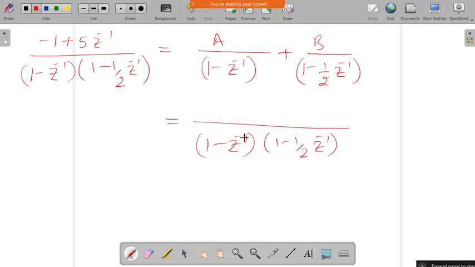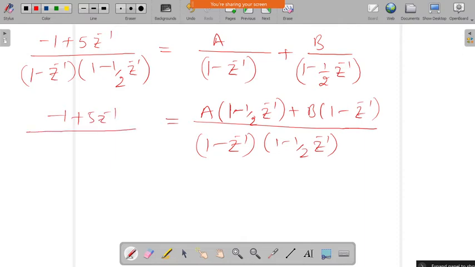So now if you take the LCM, we are going to get A(1 - (1/2)z^-1) + B(1 - z^-1). Okay, so now in the denominator we have the same thing on both sides, LHS and RHS, that will cancel each other.